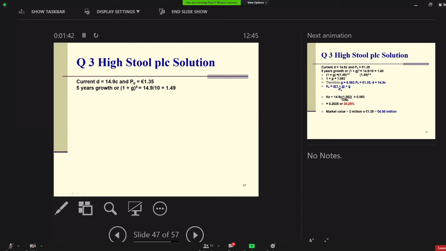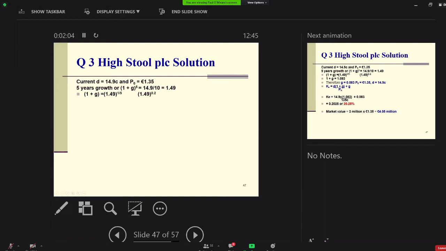And how you do that is you get rid of the power of 5, by taking the whole expression to the power of 1 over 5. If you get this expression on the left to the power of 1 over 5, the 5 will disappear. You'll end up with 1 plus g, but it'll happen on the right. So 1 plus g will be equal to 1.49 to the power of 1 over 5.